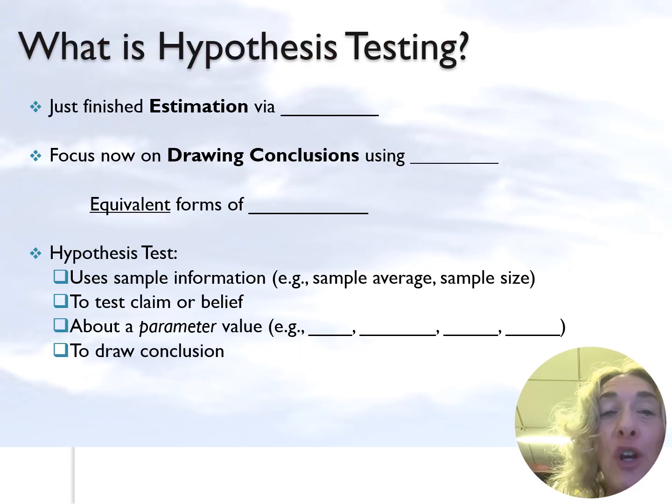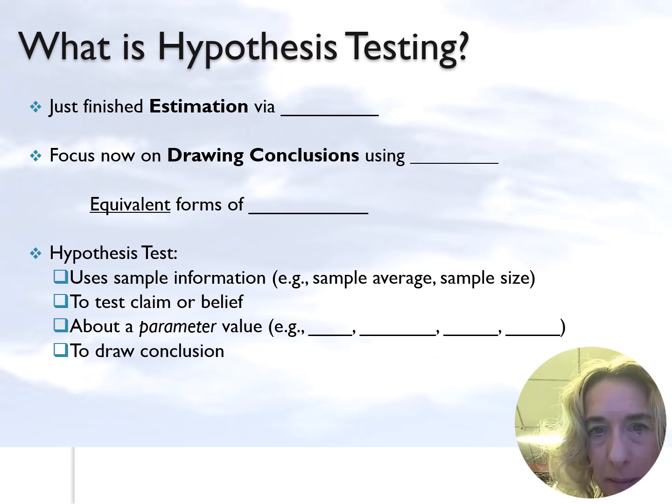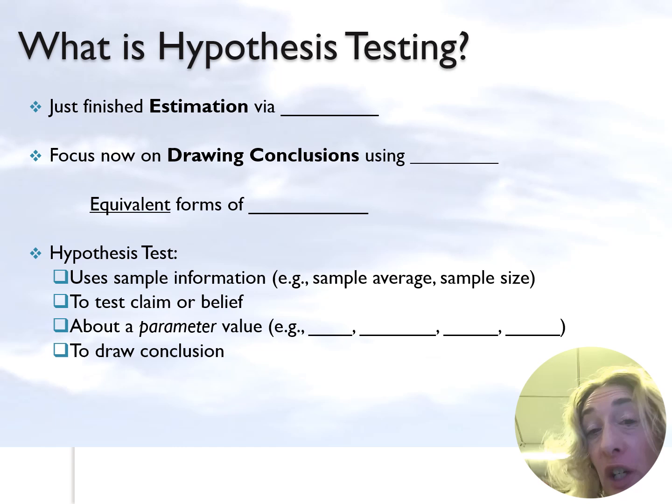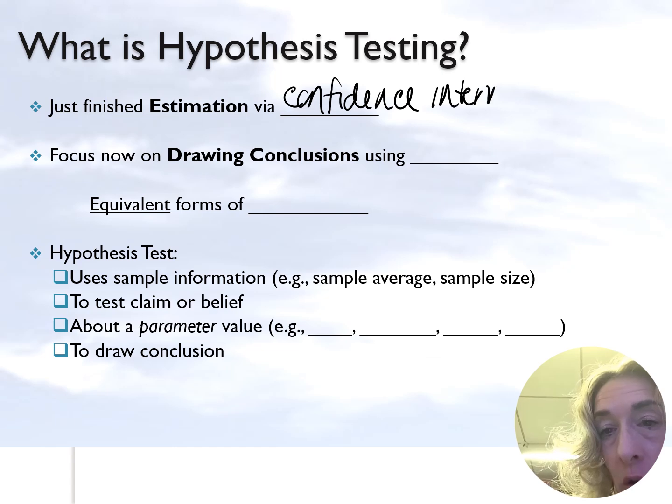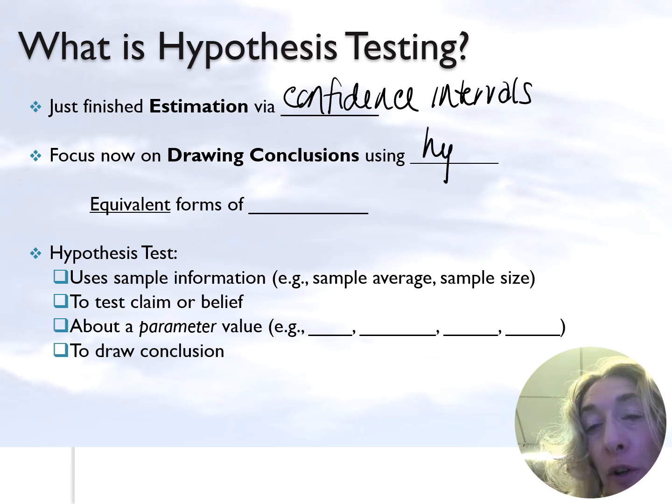So first, what is hypothesis testing? We just finished our chapter on estimation, and we did estimation via confidence intervals. But now, going forward, we're going to focus our attention on drawing conclusions or making decisions using what are known as hypothesis tests.